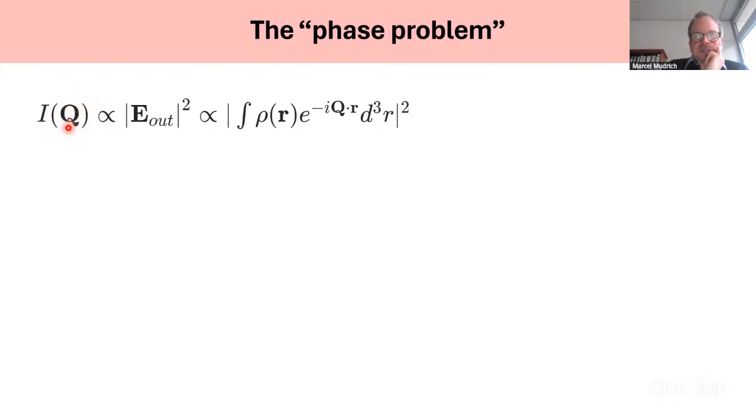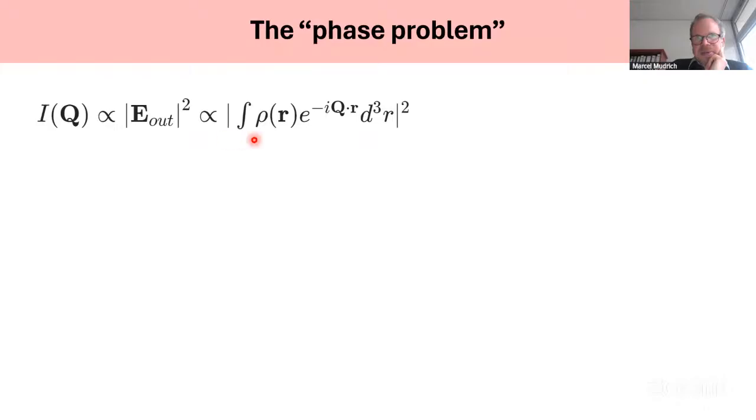The Q, this is always the figure of merit here. That's the difference between incident and outgoing wave vector. Then by going through the math, we get this formula.